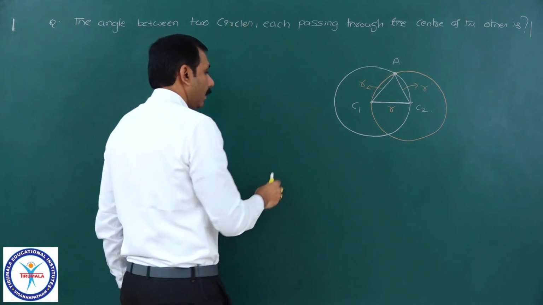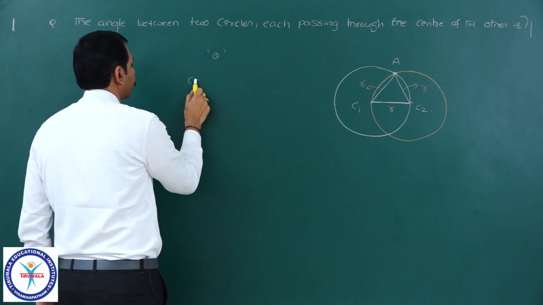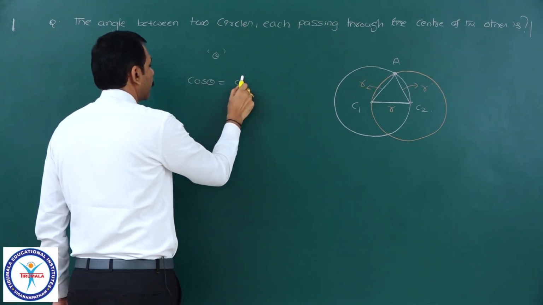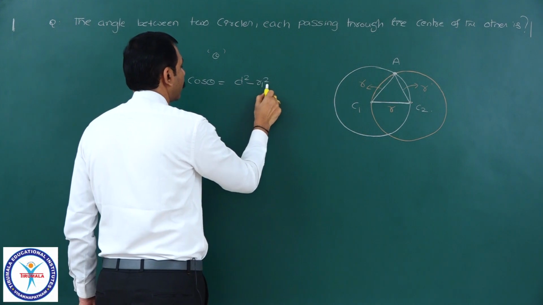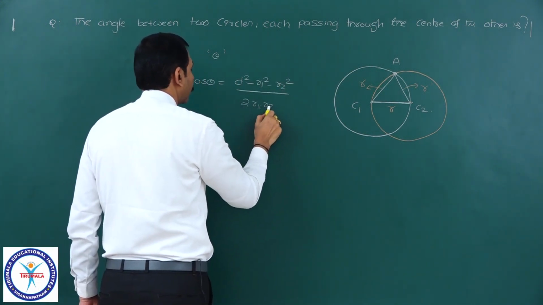Now you know one formula. If theta is the angle between the circles, then cos theta is equal to d square minus r1 square minus r2 square, by 2 r1 r2.